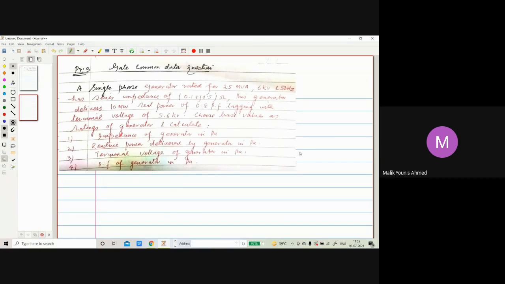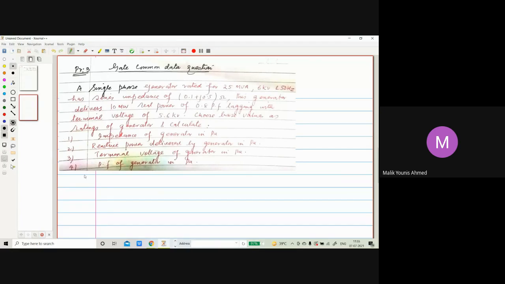A generator will have a generating voltage and also a terminal voltage. So the terminal voltage VT is 5.6 kV. Choose the base values as the ratings of the generator. Now what you need to calculate: the impedance of the generator in per unit, the reactive power delivered by the generator in per unit, the terminal voltage of the generator in per unit, and the power factor of the generator in per unit.